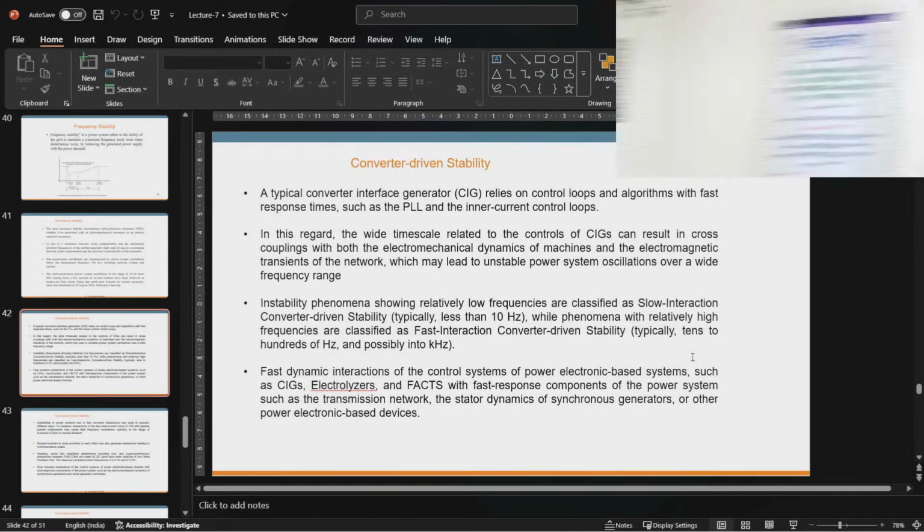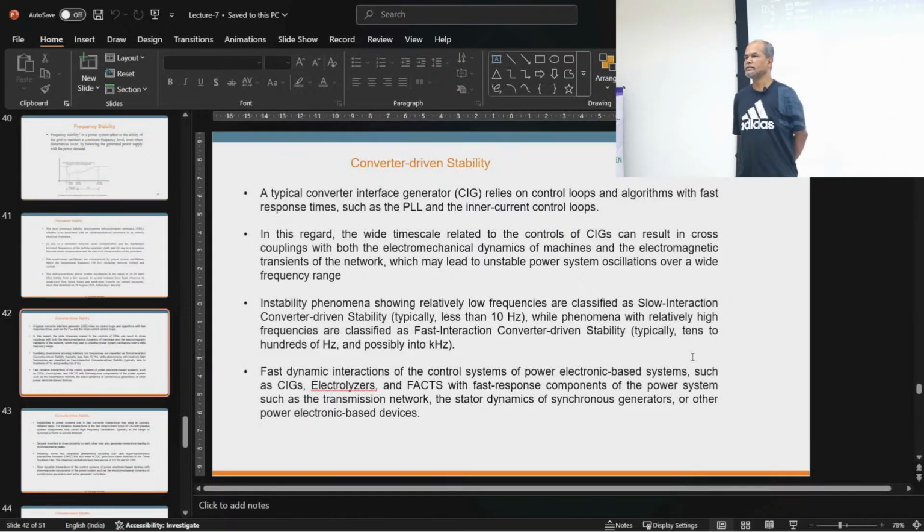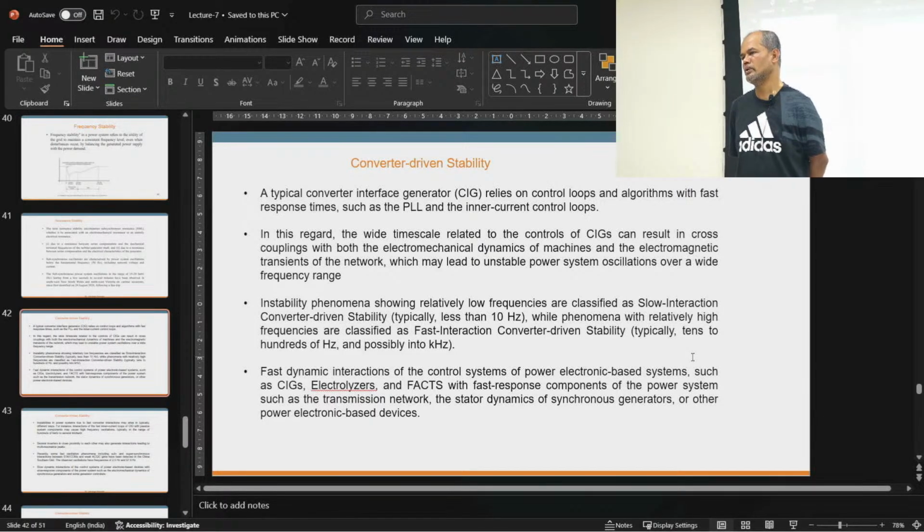Yeah, as I said, microgrid might have voltage instability, but the microgrid has more challenge in frequency than voltage, but it could have voltage problems as well.